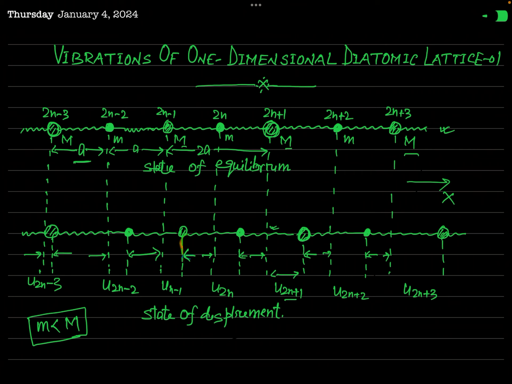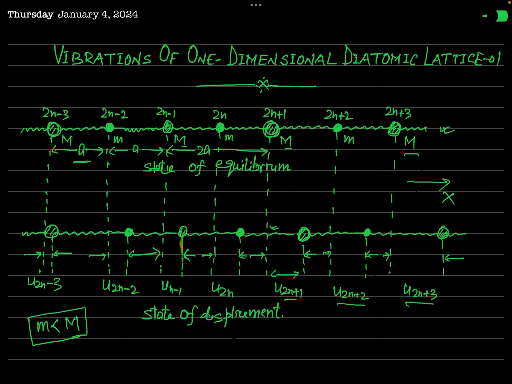And in a similar manner, you can assume that the 2n plus 2th atom has been displaced by u2n plus 2. This 2n plus 3 atom has been displaced by this u2n plus 3.